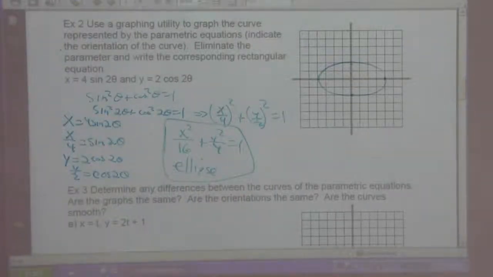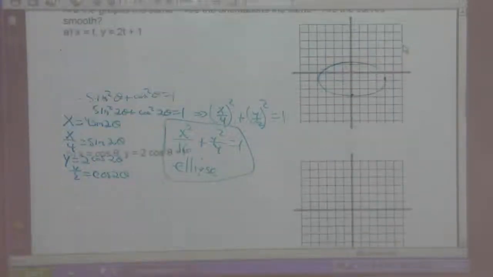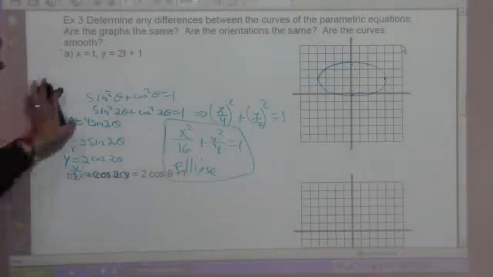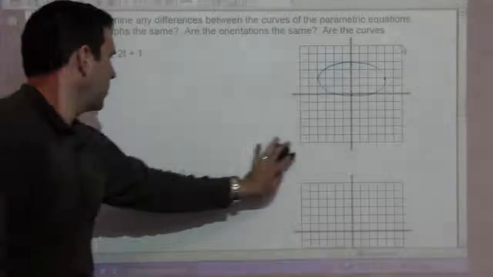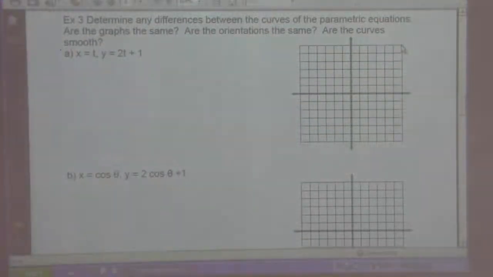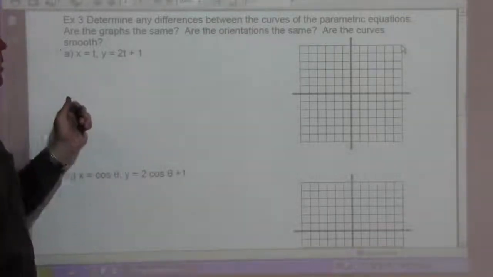Okay, moving on to example 3. Again, pause if you want. Determine any differences between the curves of the parametric equations.